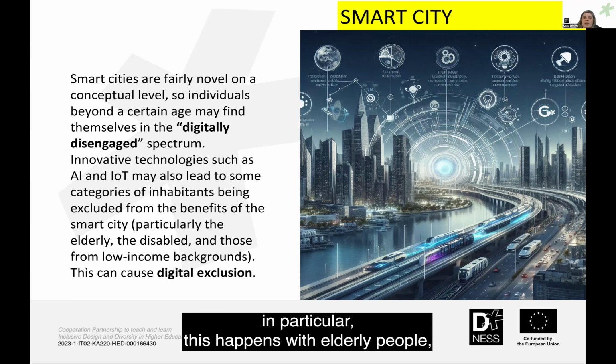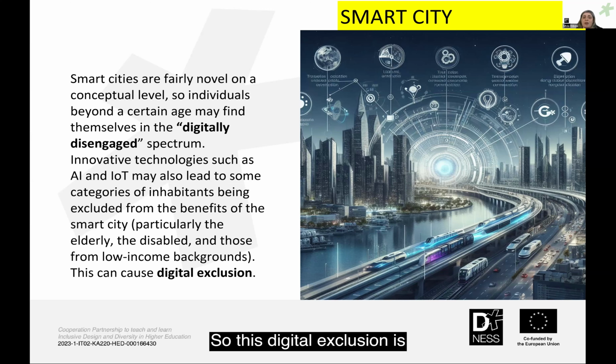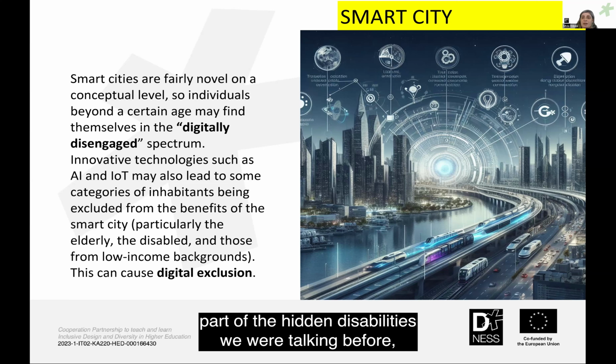In particular, this happens with elderly people, disabled people, and people with low-income backgrounds. This digital exclusion is very dangerous because it's part of the hidden disabilities we were talking about before.